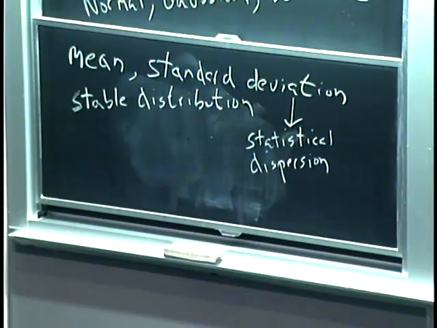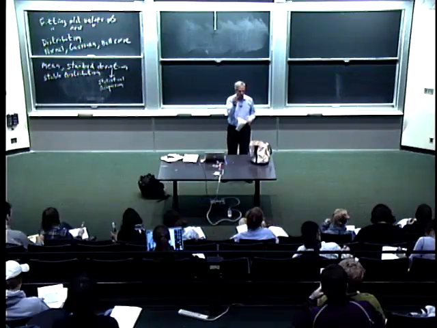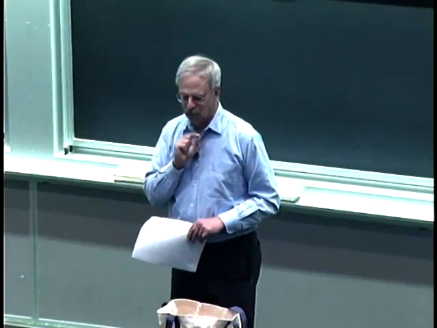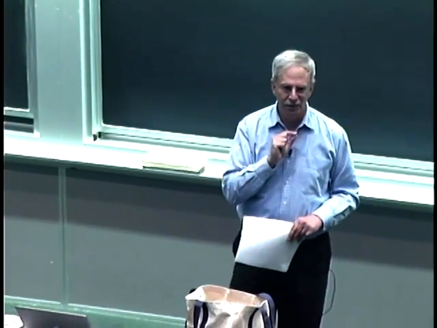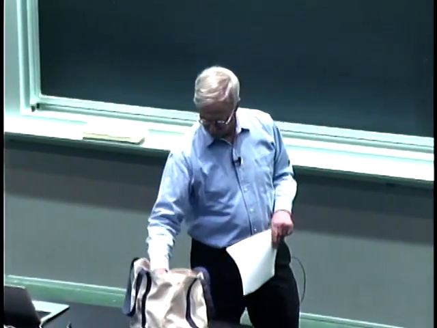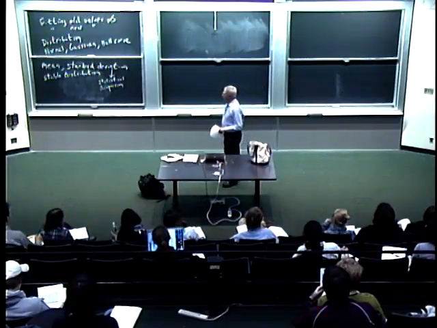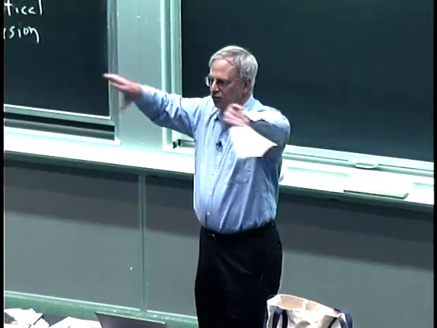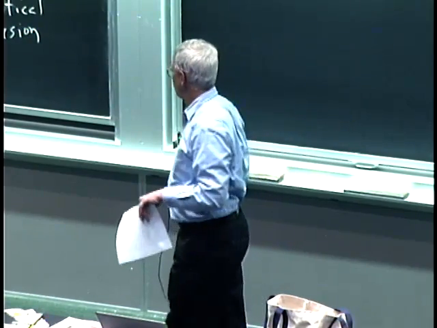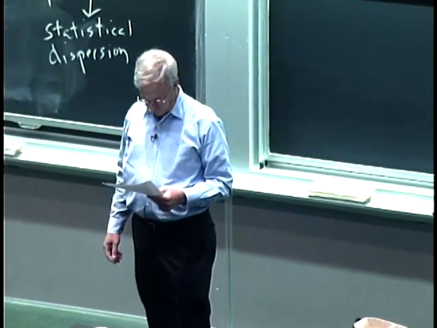If many points are going to be very close to the mean, then the standard deviation is what? Big or small? Pardon? Small. If they're spread out and it's kind of a flat bell, then the standard deviation will be large.